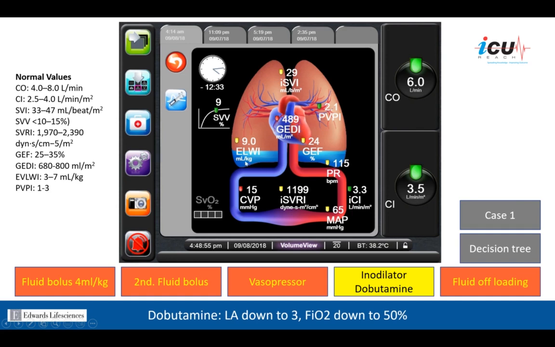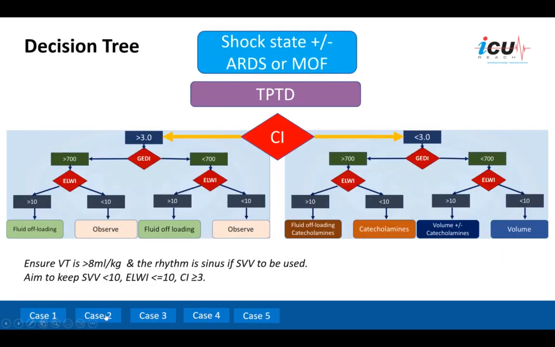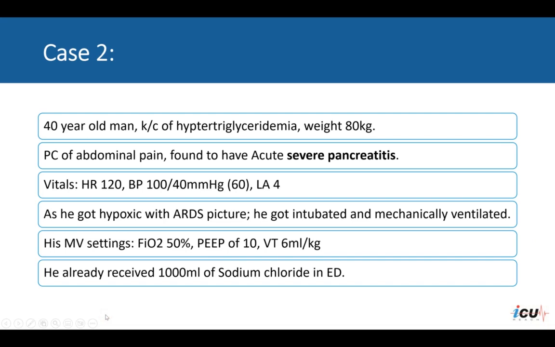At the same time, you need to monitor his extravascular lung water. Notice that with dopamine, we improved the extravascular lung water because of the improvement in the cardiac output. So with this, we can go to the second case.